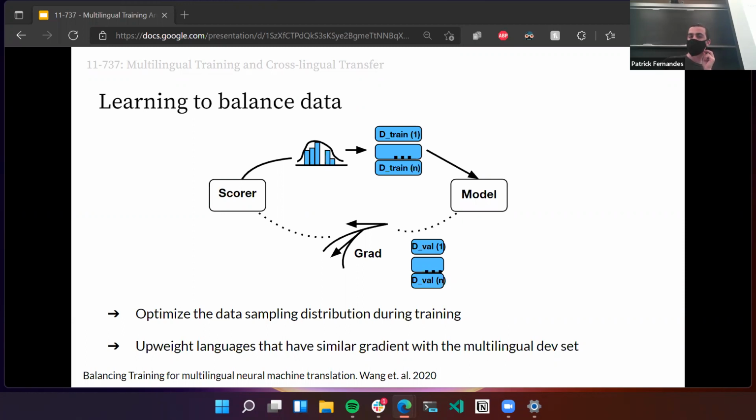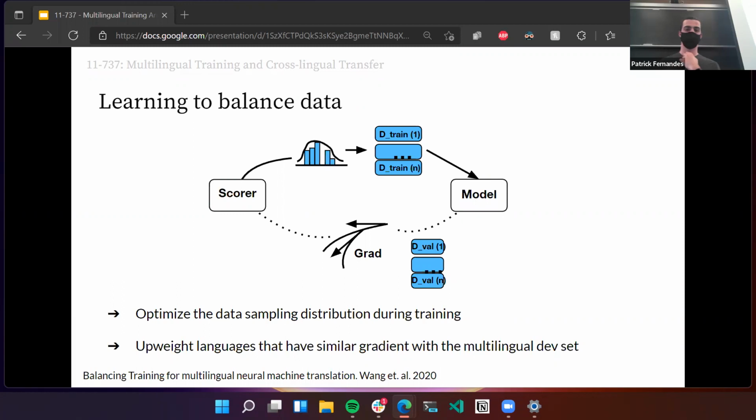The average gradient of the dev set, if you took the same number of data from all of the languages, would look more Indo-European. So the gradients from the Indo-European languages would be more similar, and the Indo-European languages would be upweighted during training, and Chinese might be downweighted because its gradient was less similar to the dev set.